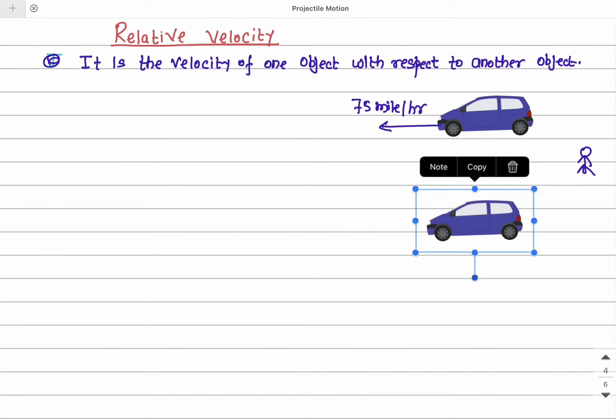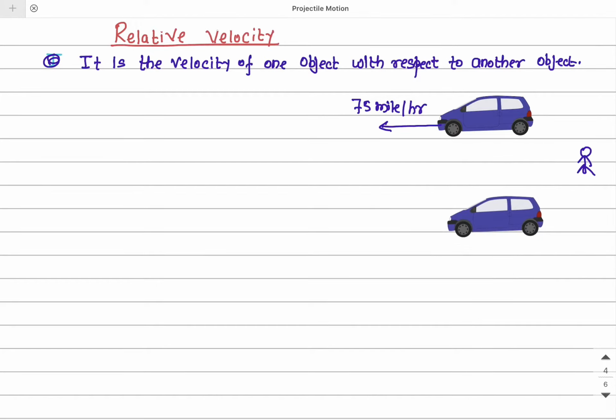And now let's say you have another car which is also moving with 75 miles per hour in the same direction, both moving in the same direction. We call this car A, and this car B, and this is an observer, so just write down O. O stands for the observer.